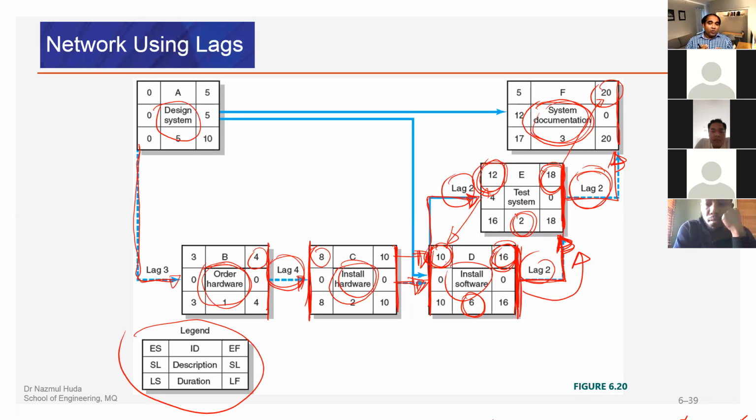But if you look at the lagging process, lag of 2 and lag of 2, from start to start, from finish to finish, that means we are restricting E, which is truly dependent on D. So the start and completion of E is dictated by the start and completion of D. So once D is finished, within 2 days, E must be finished.